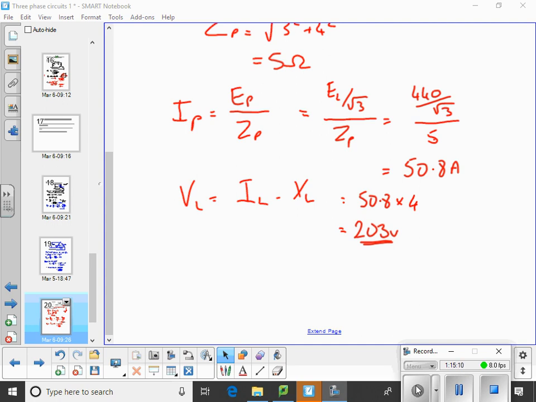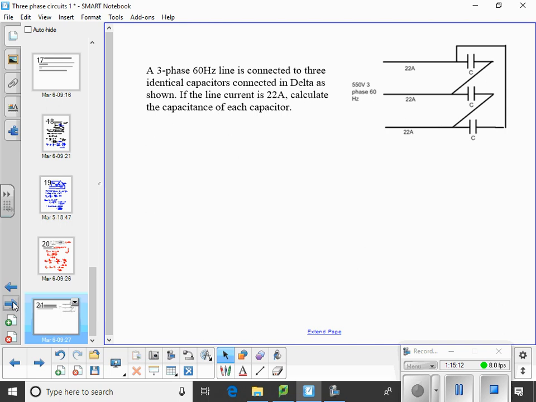So last one before I give you the tutorial questions to start working on this week. We got a three-phase 60 Hertz line connected to 3 identical capacitors. They're in delta. So that's a strange, funny way, but easier way in some ways to show a system connected in delta.